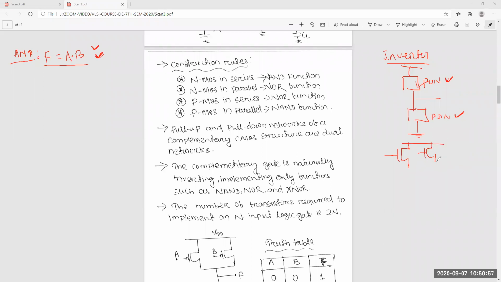Sir, A, B. Okay, then two NMOS are in series. What's the name? C, D. So what will be the function? Output F. No, what is the F?